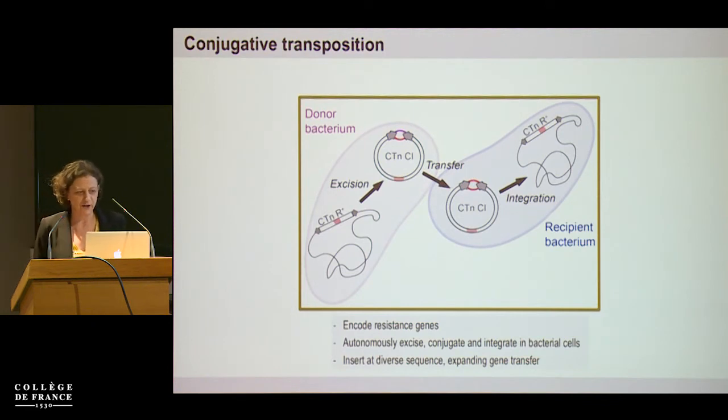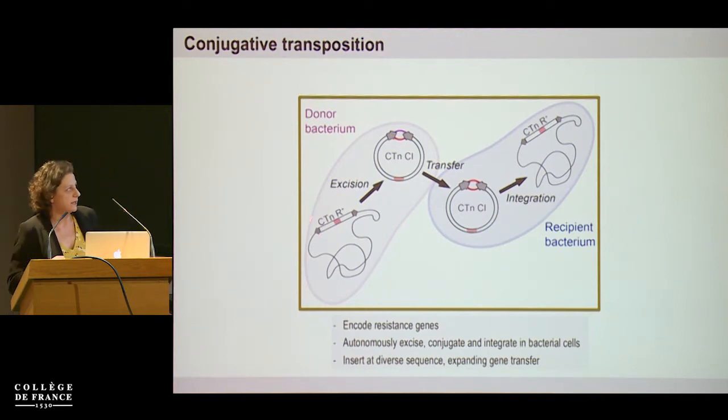We are focusing on this for an important reason, because they can not only excise within a genome and then integrate elsewhere in the genome, but can also self-sufficiently move from one bacterial cell to another. When they cross species barriers, they can integrate into the genome in the new species, thereby fixing the resistance and creating a new resistant bug.